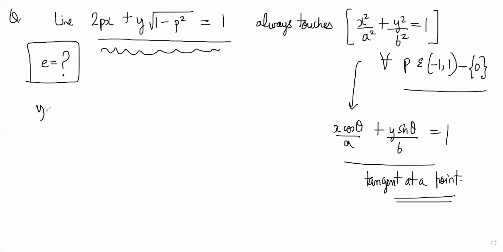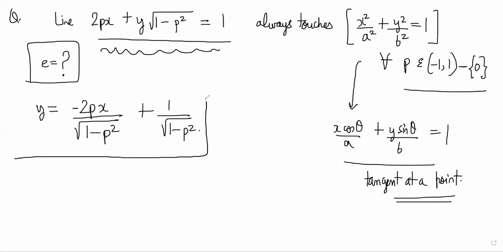Correct. So the line is y is equal to minus 2px by root over 1 minus p square plus 1 by root over 1 minus p square. So it's like a line y is equal to mx plus c, which is always tangent to this. Right. So you should use that other form. Don't use this form. You can do it, but it will be annoying.